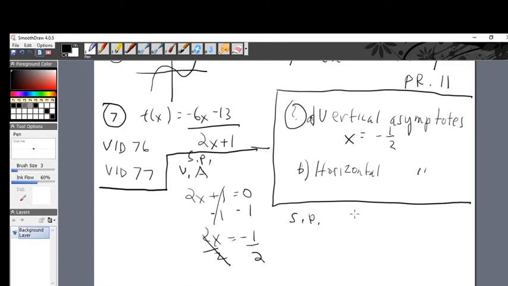So now, what about the horizontal asymptotes? You have to see video 76 and 77. We'll probably see it together in class, but these are important videos. In any case, what about the horizontal asymptote? So I'll call it H point A, horizontal asymptote. What you do is you take the coefficient of the x, the largest x, there's only one. You can take the coefficient of the x in the numerator, which is -6.